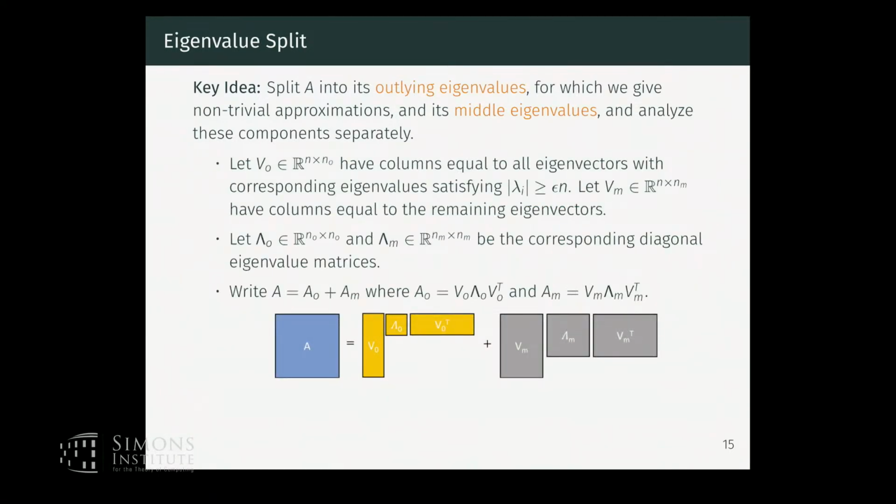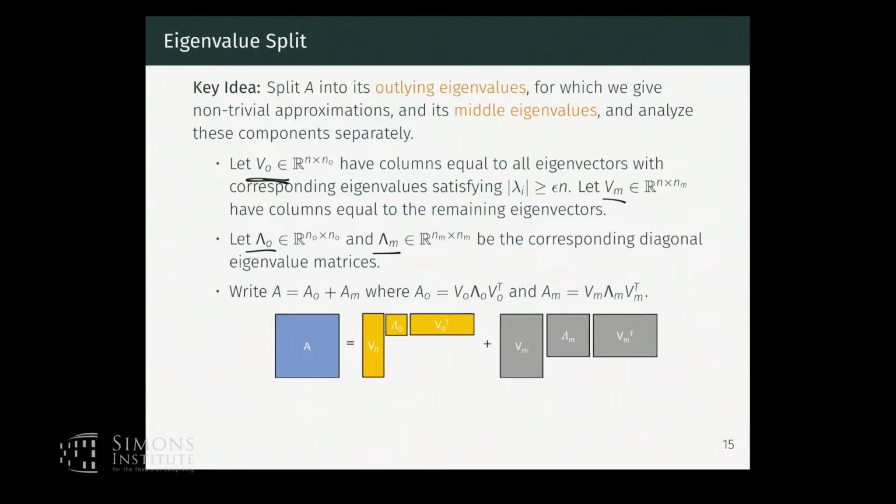Okay. So formally, I look at the eigendecomposition of A. I let V_O be the outer eigenvectors and V_M be the middle eigenvectors, and lambda_O and lambda_M be the diagonal matrices containing the outer and the middle eigenvalues.